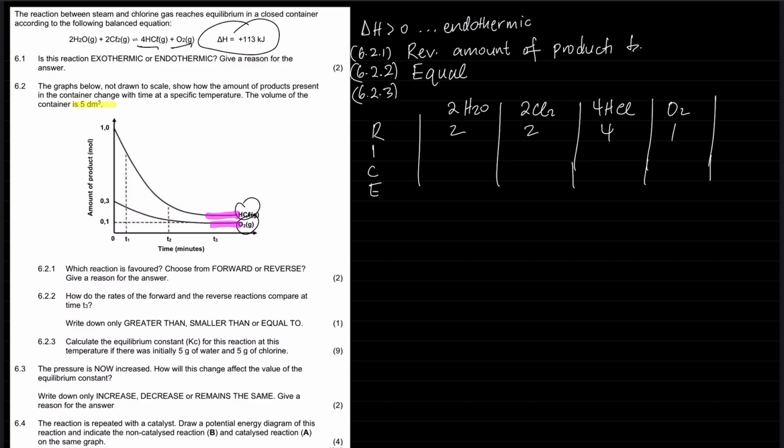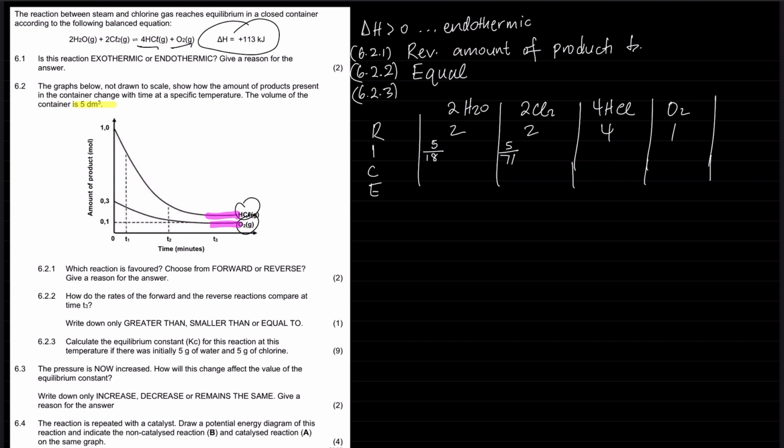Initial amount, remember, so in this case we'll use a mole table. So the initial amount is going to be, for H2O, 5 divided by 18. So mass divided by molar mass. For Cl2, it's going to be 5 divided by 71.